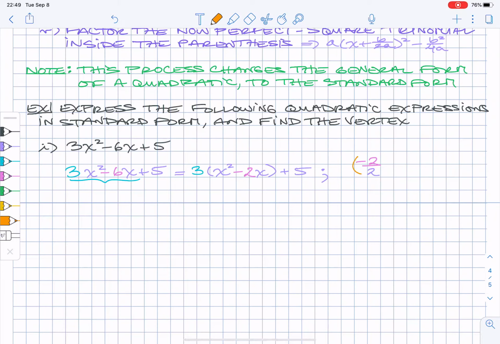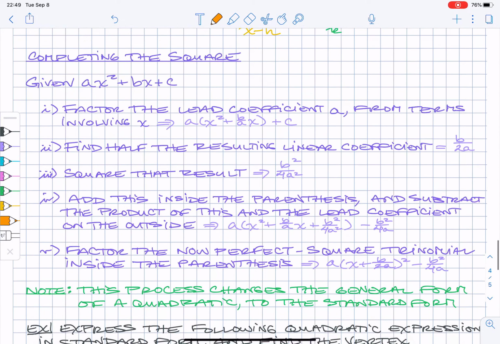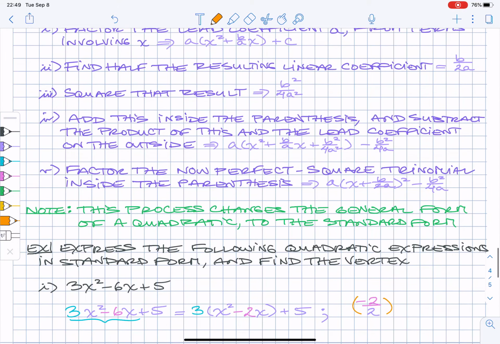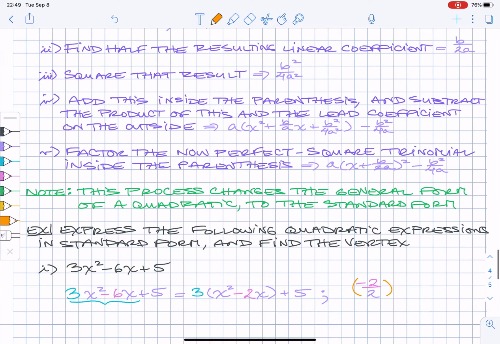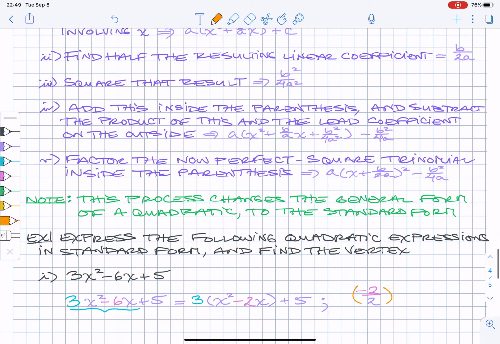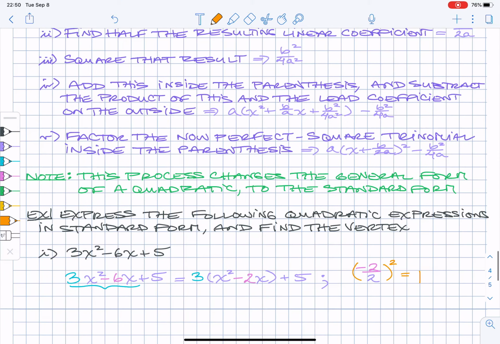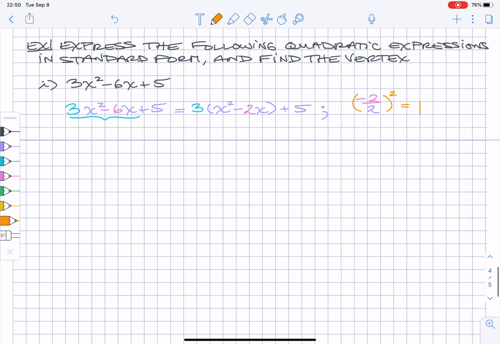So we're going to take negative 2 and divide that by 2. Because we factored the lead coefficient, we found half the resulting linear coefficient. Now we're going to square that. Step 3 is to square this. Negative 1 quantity squared is 1. So that's what I'm now going to add inside the parenthetical.